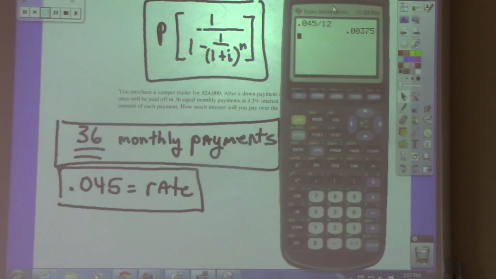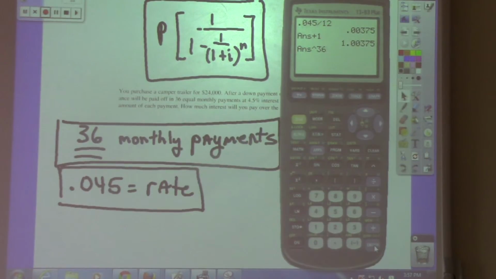Okay, now, that's plus 1 equals raised to the 36 power. And then I'm going to subtract that. 1 minus inverse answer is that, negative, and 1 divided by inverse answer should be positive. 1 divided by, oh, I didn't divide negative.